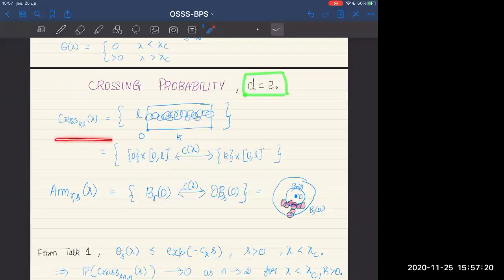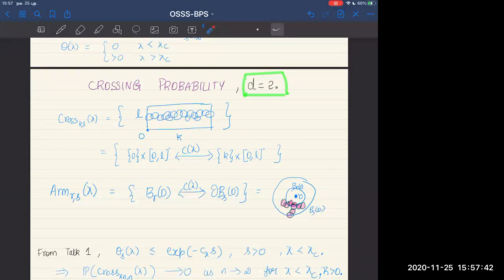So now I look at the crossing event. Is there an occupied path from the left to the right of a box of size K and L? I take a rectangle of size K and L, and I want a left-right crossing. This is what crossing is for me.